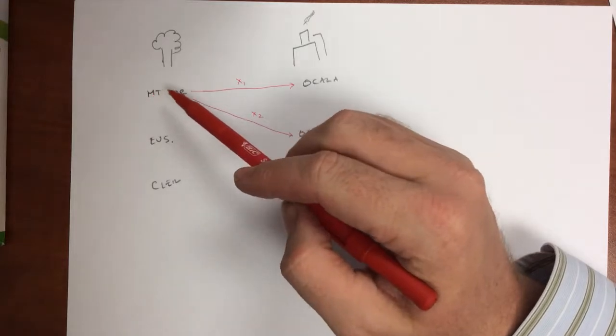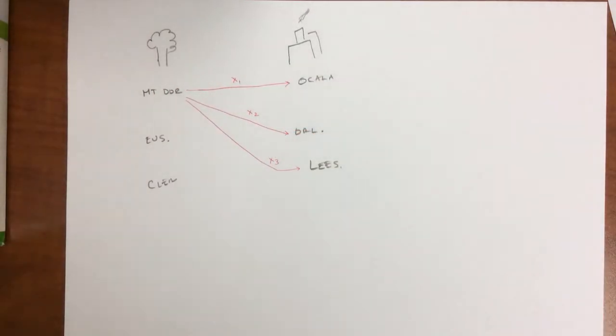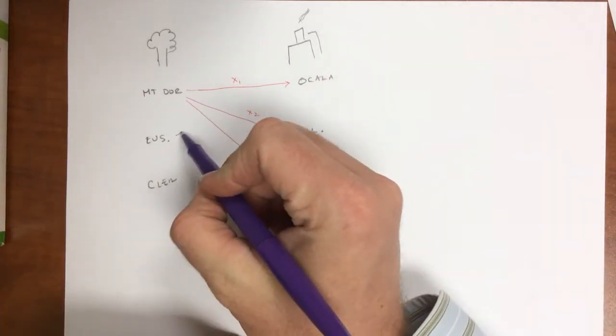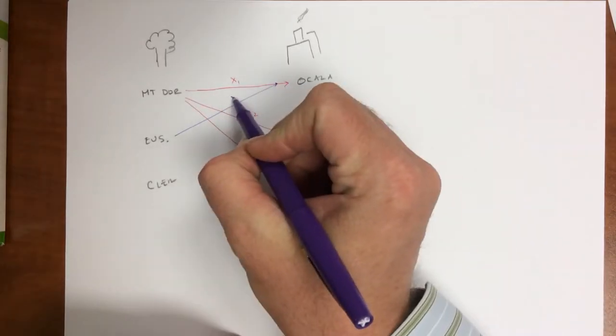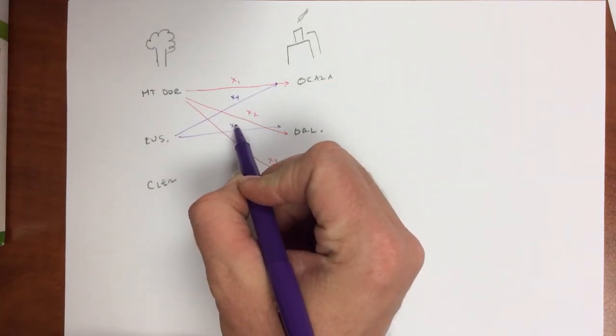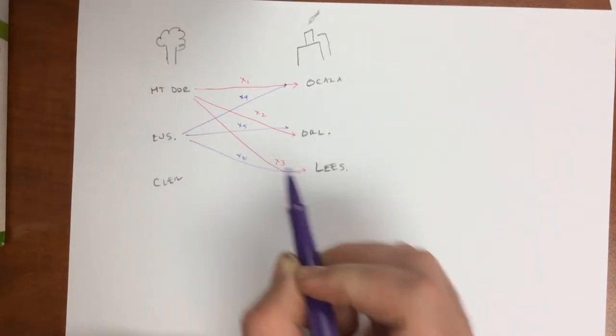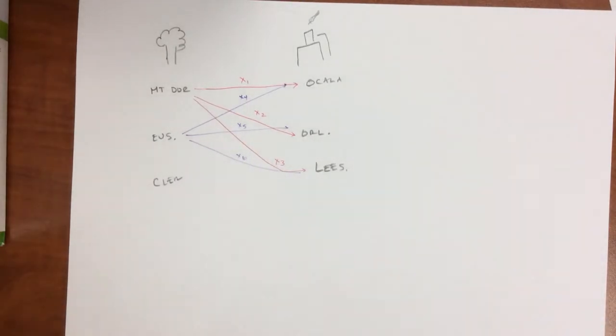So from the grove in Mount Dora, we could choose 3 different locations to send our peaches. What about from Eustis? Eustis we can send to Ocala, call that X4, to Orlando, call that X5, or to Leesburg, call it X6. So now we have 6 variables.